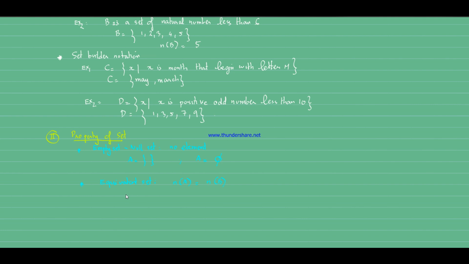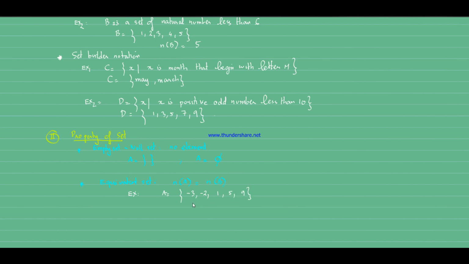For example, I have a set A that contains -3, -2, 1, 5, and 9.